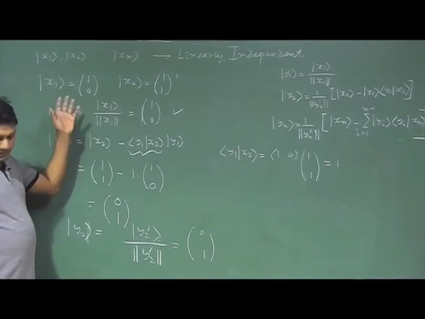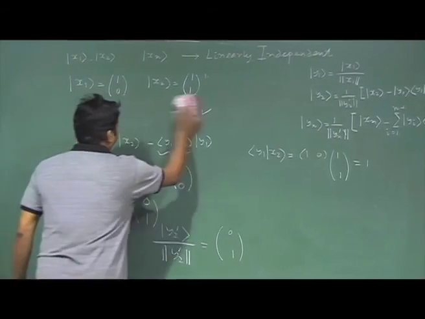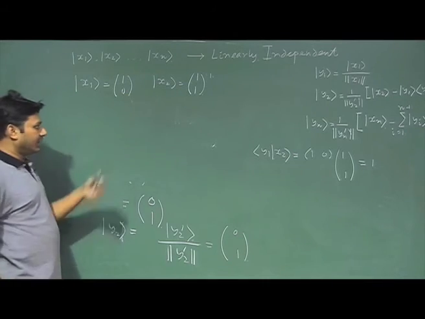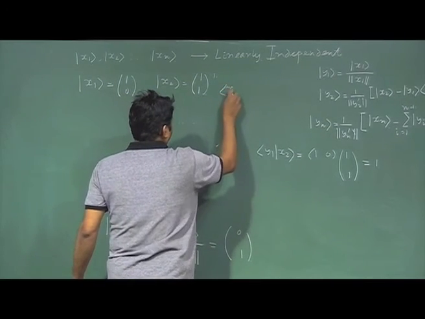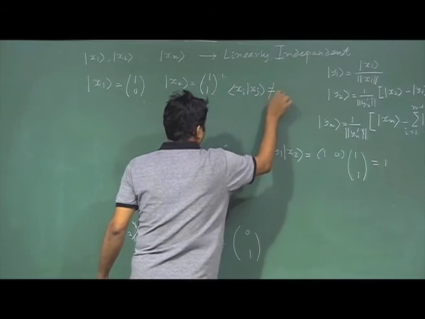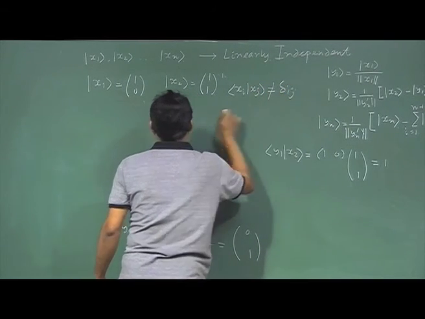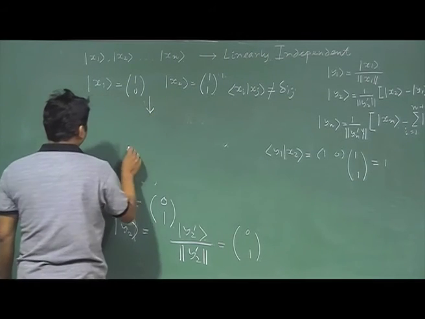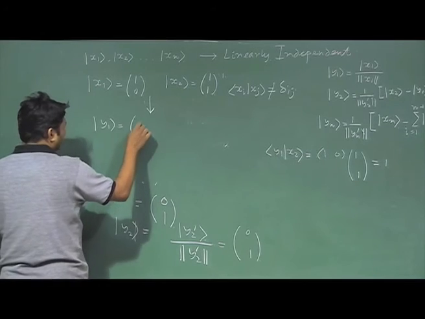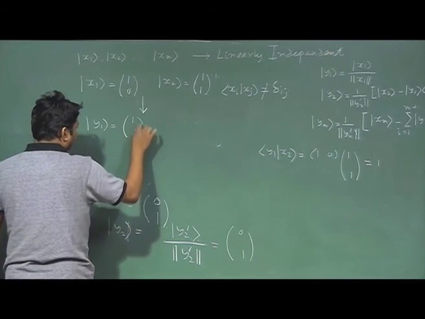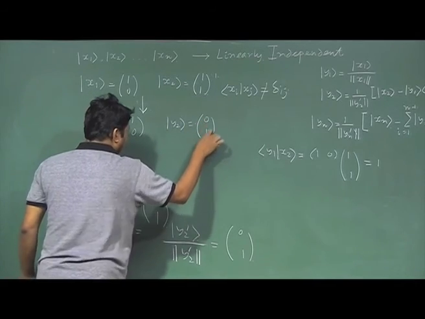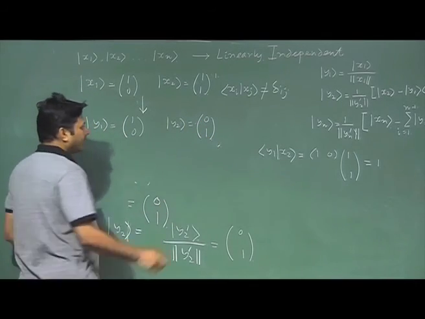These two given vectors are linearly independent, but they do not form the orthonormality property, it is not equal to delta ij. Using the Gram-Schmidt orthonormalization process, I figured out two vectors: y1 which is (1, 0) and y2 which is (0, 1), the natural basis in 2D.